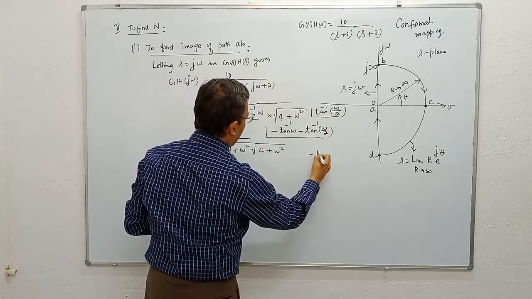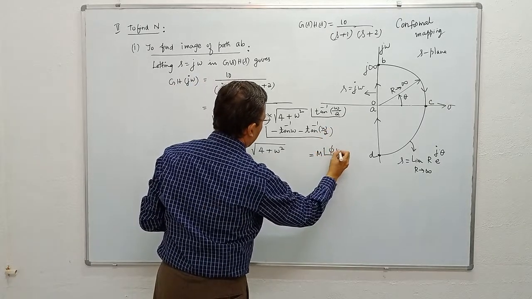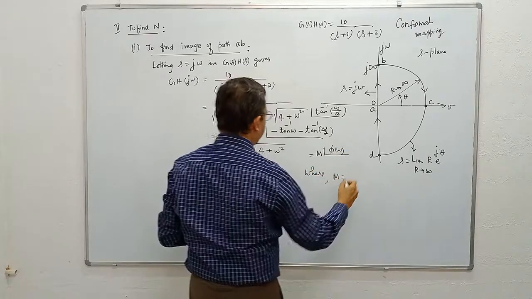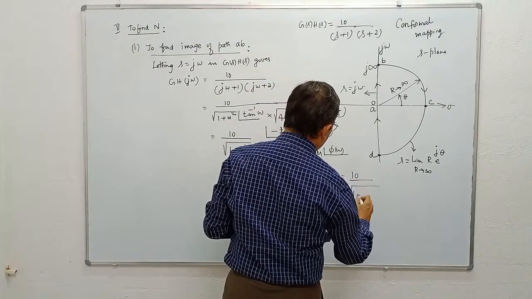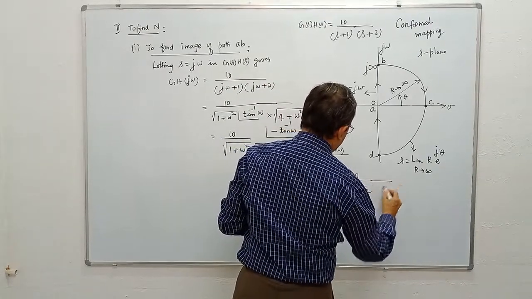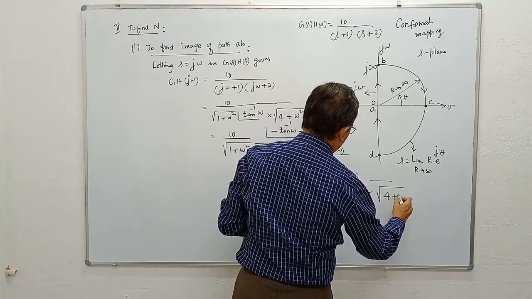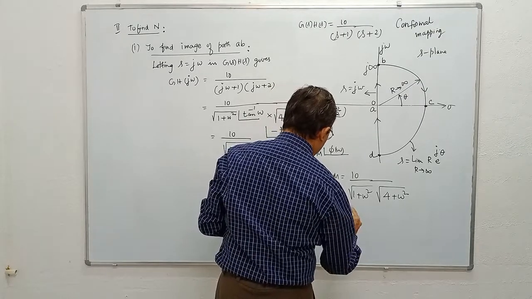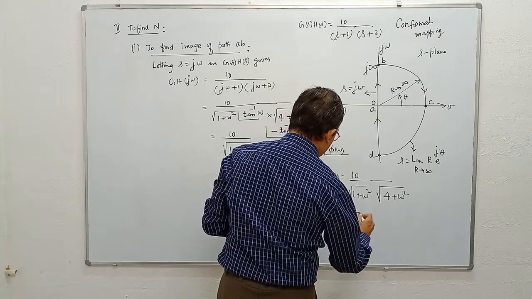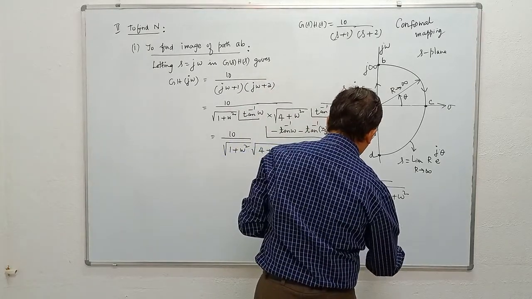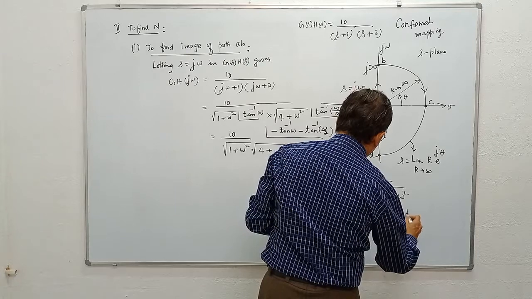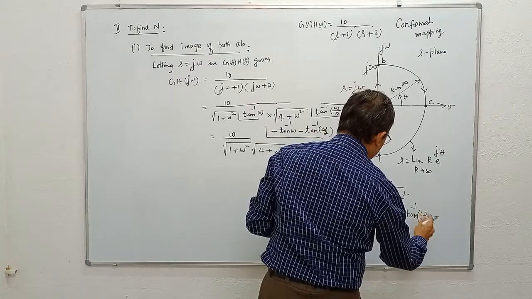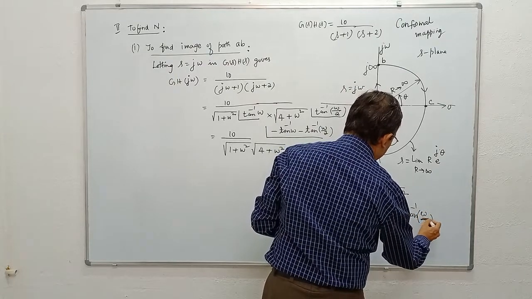This is like M at an angle phi of omega, where M is equal to 10 divided by square root of 1 plus omega square into square root of 4 plus omega square, and phi of omega is equal to minus tan inverse of omega minus tan inverse of omega by 2.